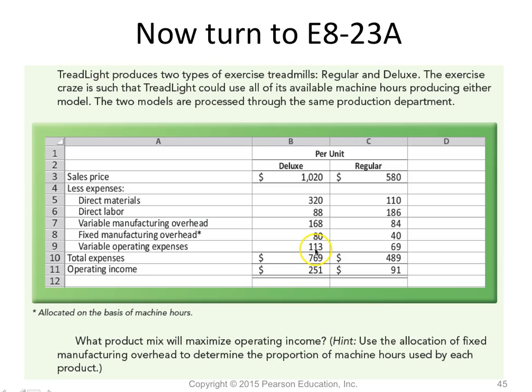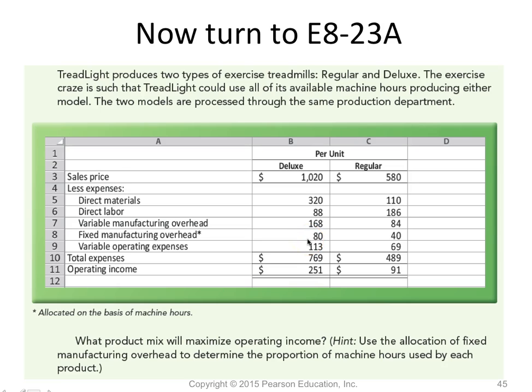Variable operating expense is 113 compared to 69. So total expense here is 769, and the other one is 469. Operating income is 251 versus 91. So we see the deluxe version is making more profit in absolute value, and the ratio is higher too.